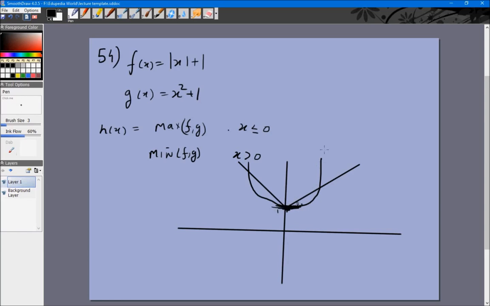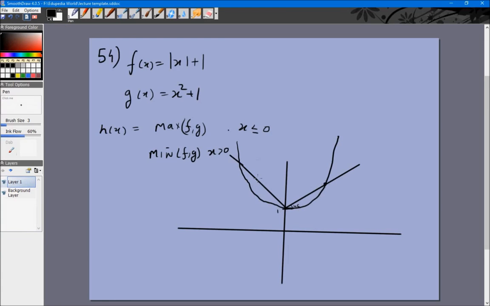So at some point, it will intersect it, right? I'll just try to draw the parabola a little bit better, for x greater than 0. Yeah, so this is sort of what the parabola will be like, right?